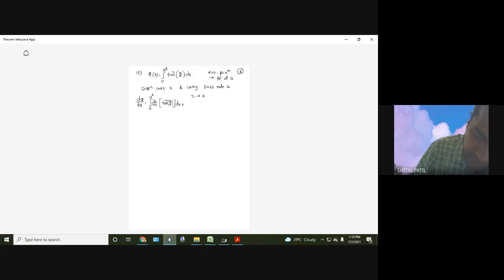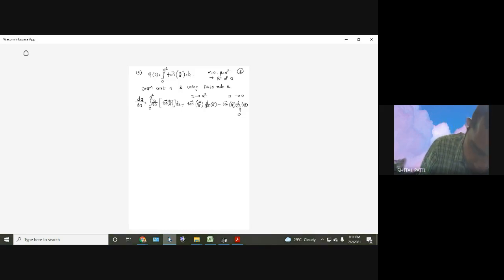X is to be replaced by upper limit. X is to be replaced by lower limit. Derivative of 0 is 0.